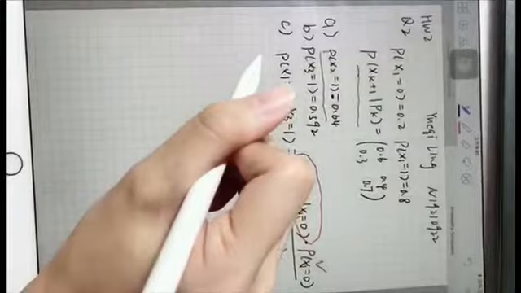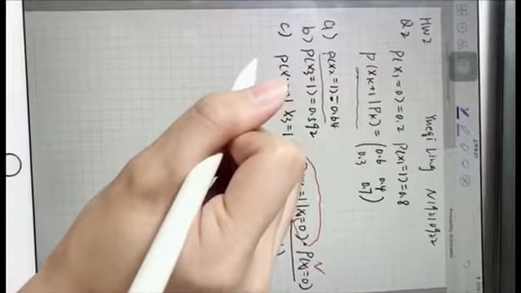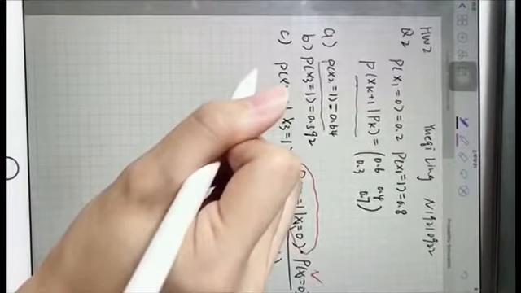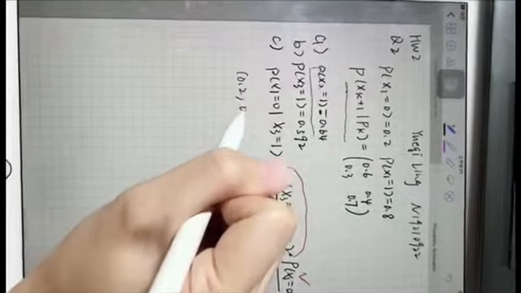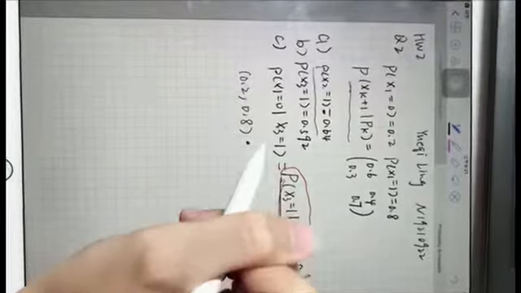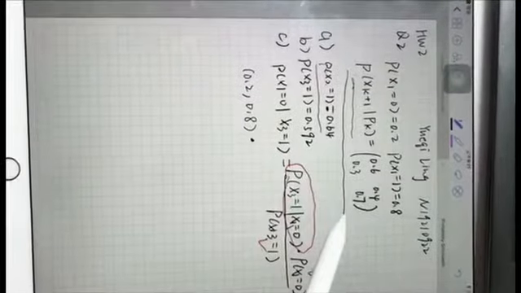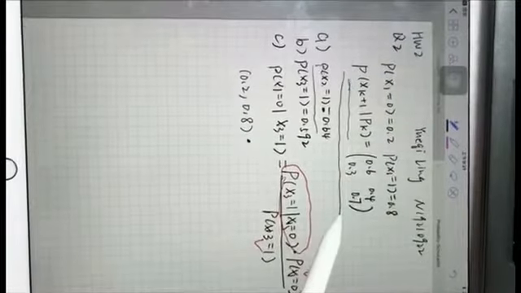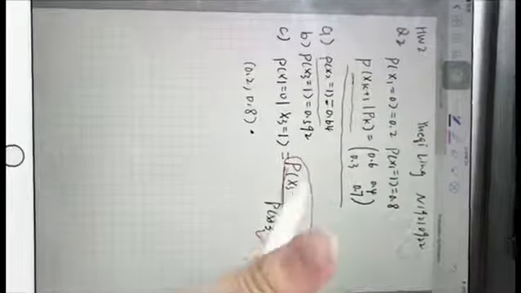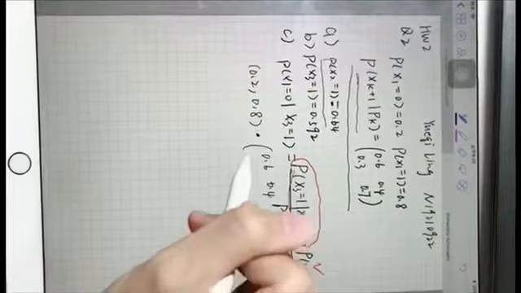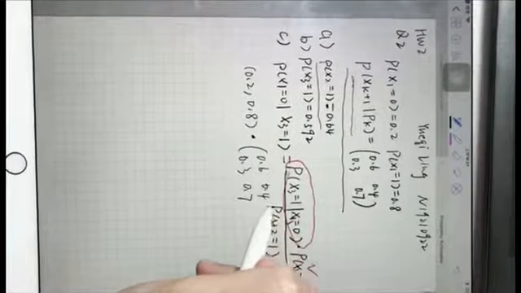We take the probability matrix of x1, that is 0.2, 0.8, multiplied by the conditional transmission matrix, that is 0.6, 0.4, 0.3, 0.7.